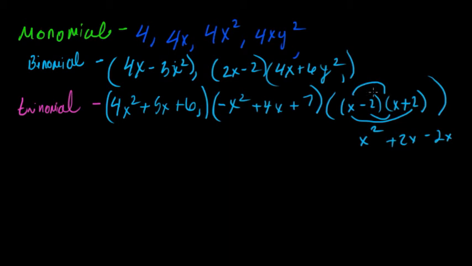This is actually not a good example because it's the difference of 2 squares, so they cancel out and give me a binomial. But if we make that a positive, this will be x squared, plus 2x, plus 2x, and then plus 4. So I'm left with x squared plus 4x plus 4. And this is indeed a trinomial. So you see that the product of 2 binomials also gives me a trinomial.